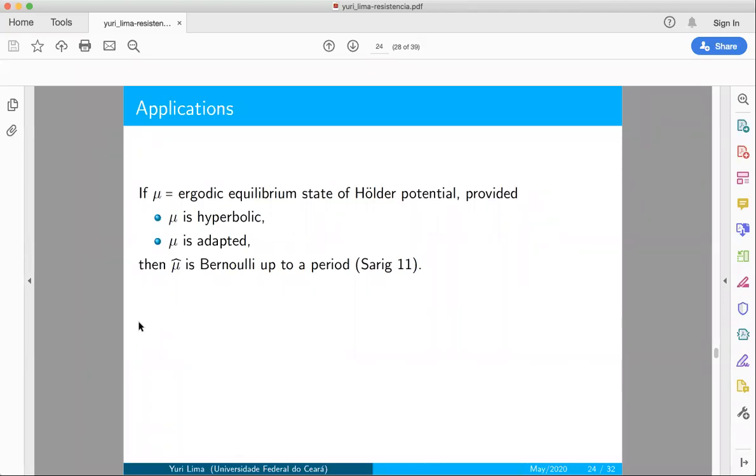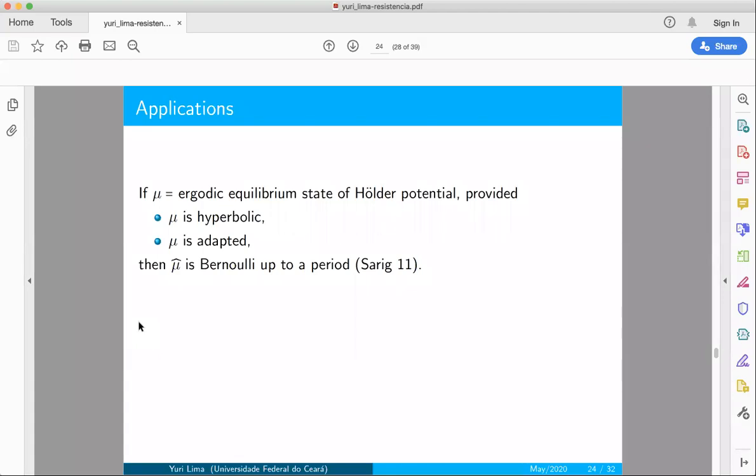measure is adapted, then the coding allows you to conclude that the lift of this measure in the natural extension, which is going to be the measure if the map is invertible, is either Bernoulli or Bernoulli times a rotation. And this is what I call Bernoulli up to a period.